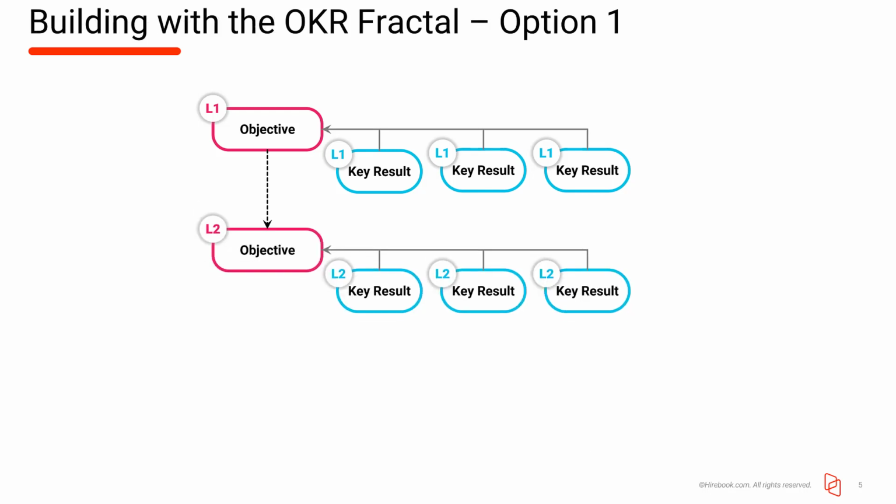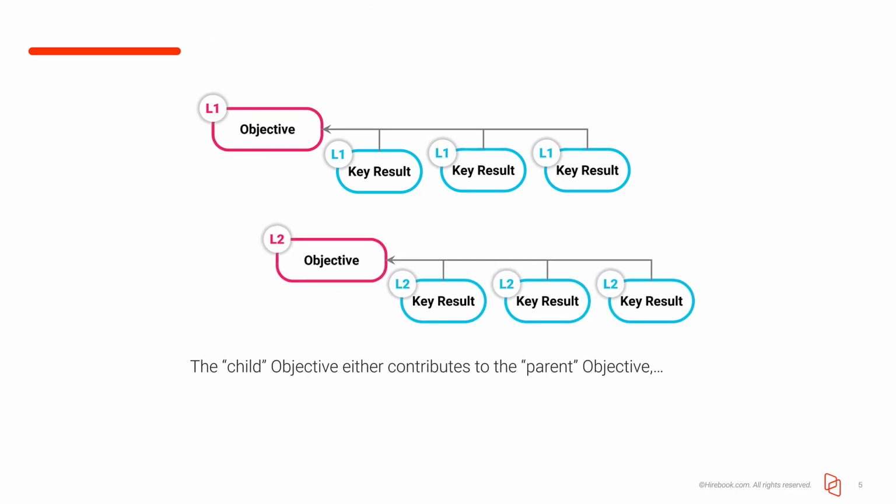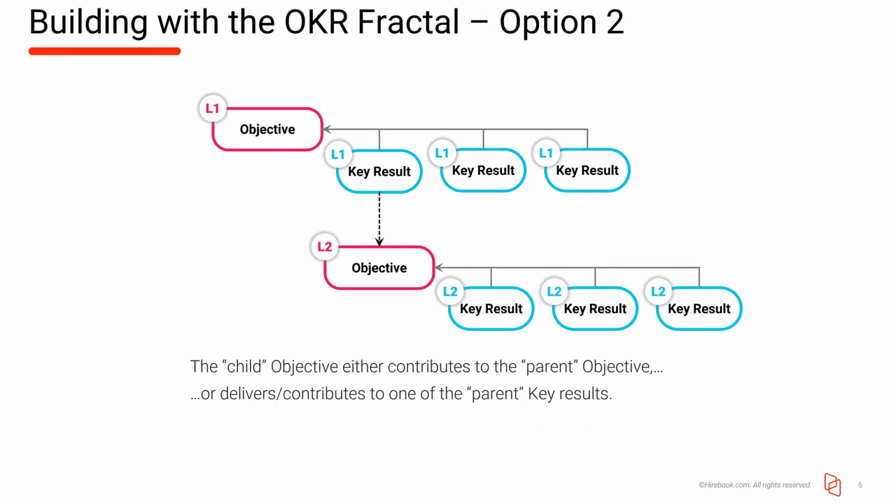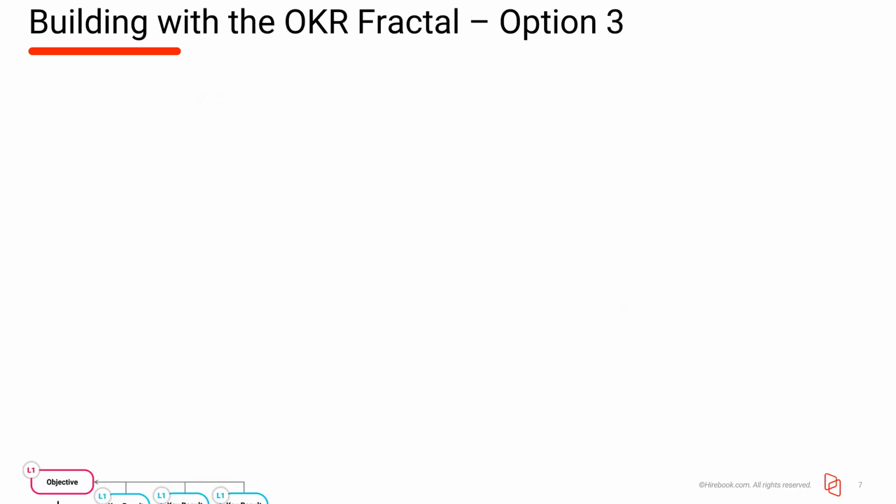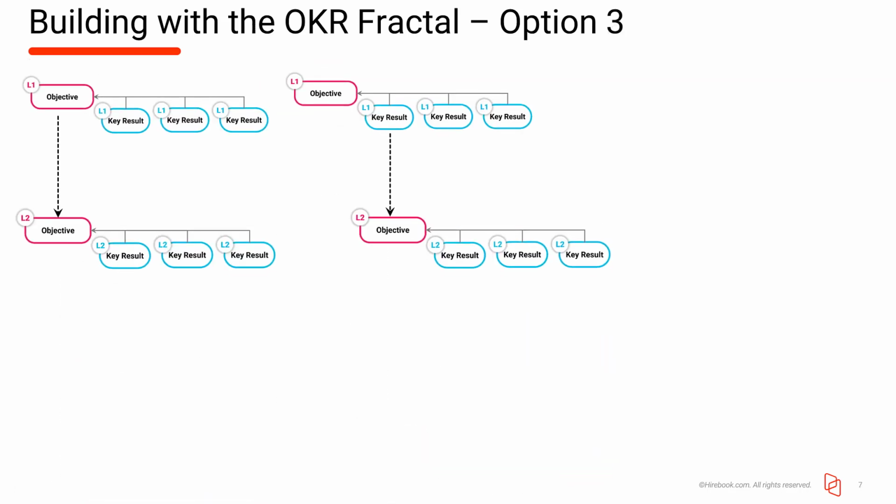Option 1 is when the work at L2 supports the objective at L1. In other words, to achieve the L1 objective, there are objectives that need to get done, and that's how that fractal gets connected. Option 2 is where the child objective, the one at the bottom, actually supports the key result. So it either delivers it or contributes to the key result. So option 1 links objective to objective. Option 2, key result to objective.